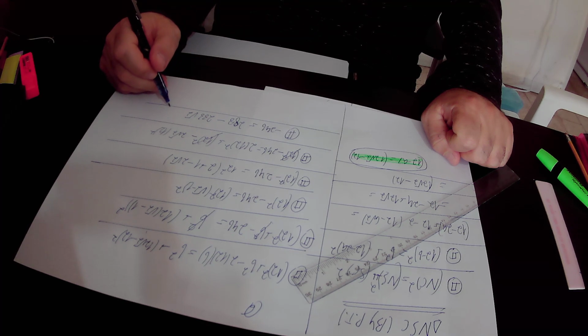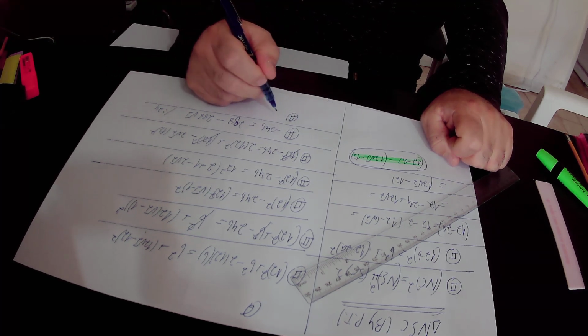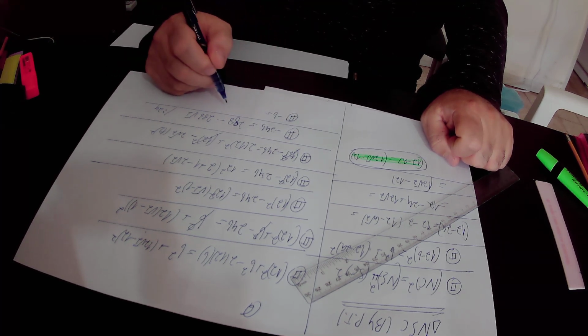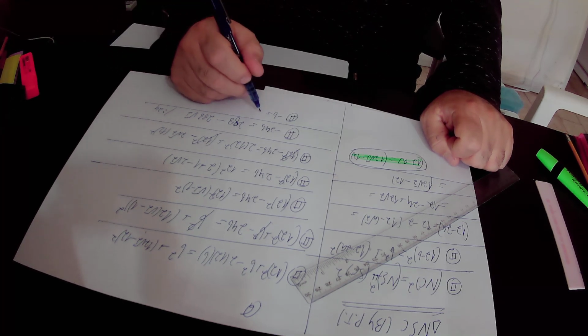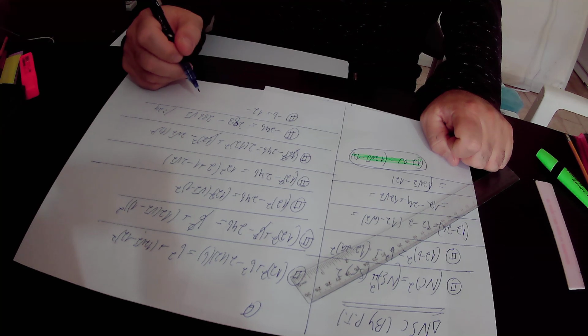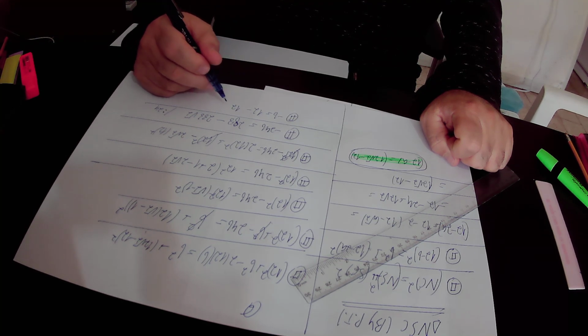We will divide this equation by 24, and we get that minus B equals 288 over 24 is 12, so it is 12 minus 12 times square root of 2.